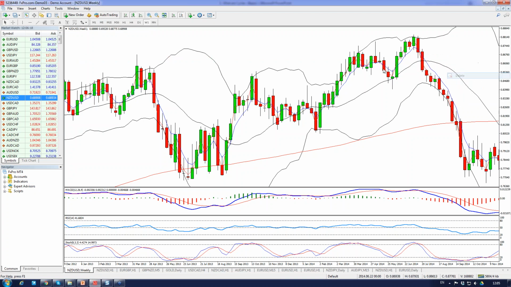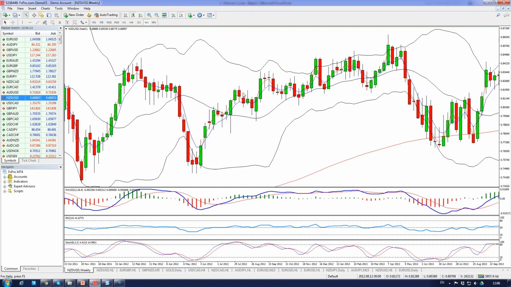Okay? Now I want to show you not valid corrections. Is this correction valid, yes or no, guys? Take a look here. This correction, is it valid, yes or no? Think about it. No, exactly. Why no? Because we take a look at the last two candles that created higher highs, higher lows on the previous move.